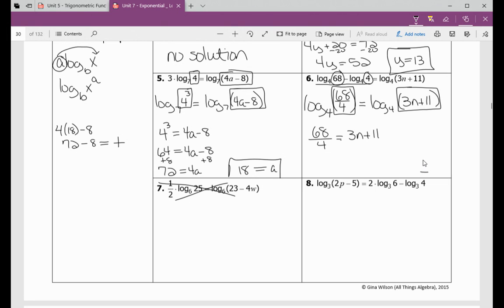What is 68 divided by 4? 17. So 3n plus 11. I'm going to subtract 11. That gives me 6 equals 3n. So n should equal 2 when you divide both sides by 3.